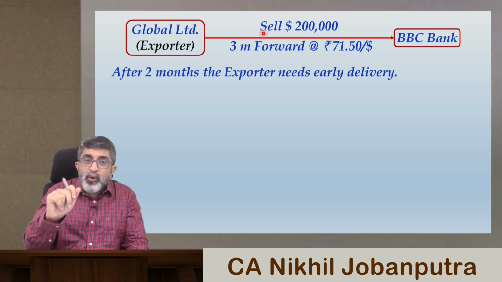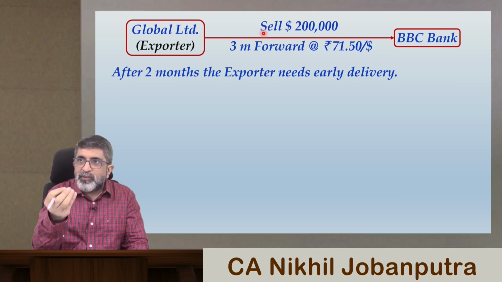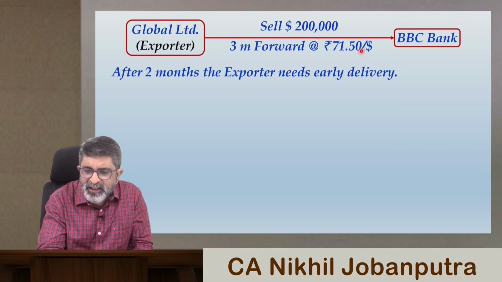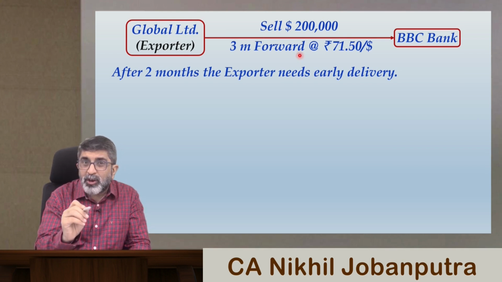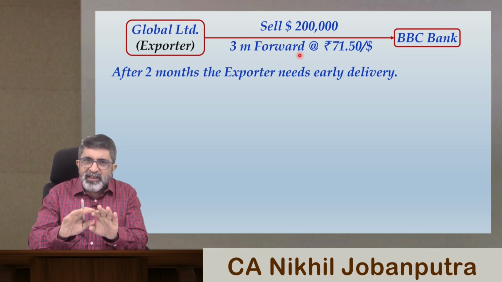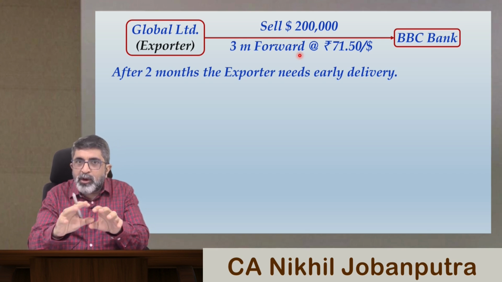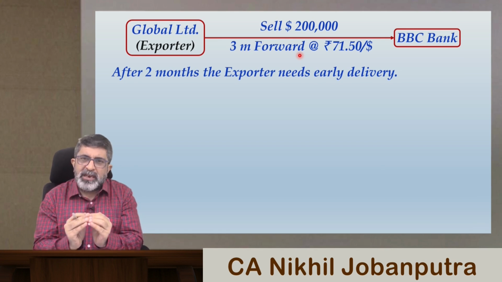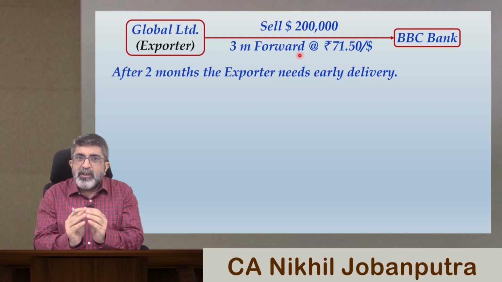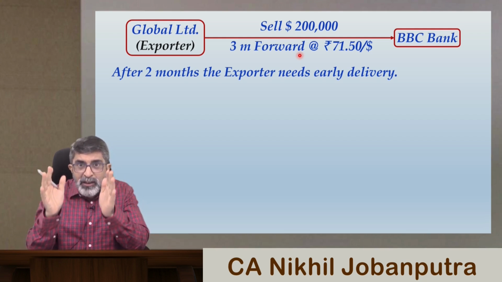So we are going to compute some losses, and when you are selling $2 lakh at 71.50 per dollar, whatever money you were supposed to receive, obviously because of some losses you are going to receive a little lesser amount of that money, correct?